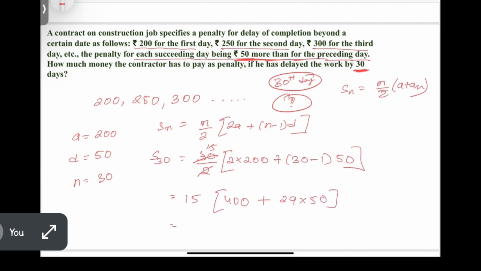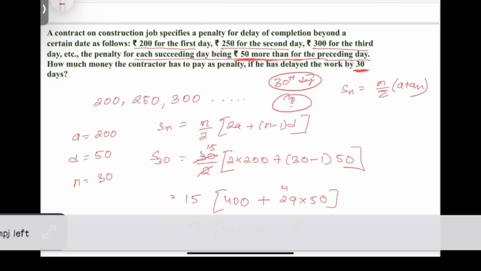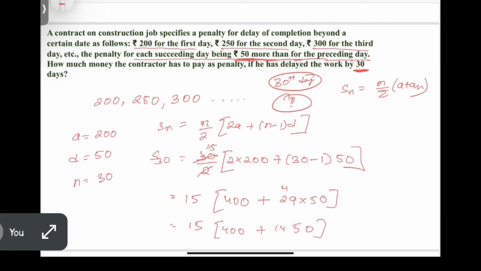So which means 15 into, if we check this one, 400 plus 29 into 50. 5 nines are 45, 5 twos are 10, 11, 12, 13, 14, so 1450. So 15 into 400 plus 1450, which will be 1850.